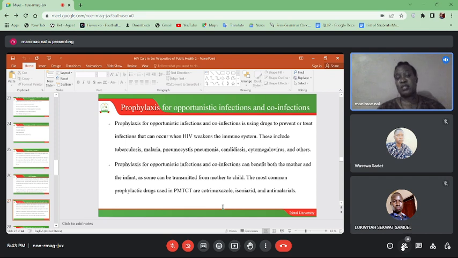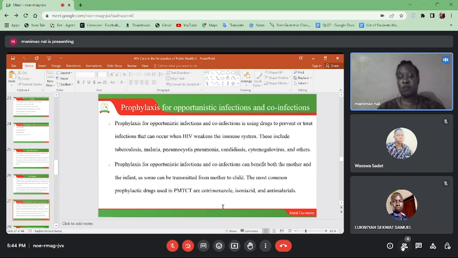This includes tuberculosis, malaria, etc. And we believe that this kind of drug is so much more important. It can benefit both the mother and the infant, as well as helping us not to transmit HIV from mother to child.